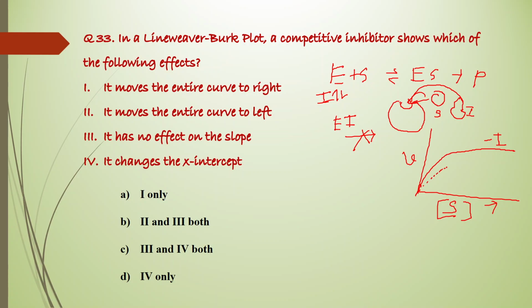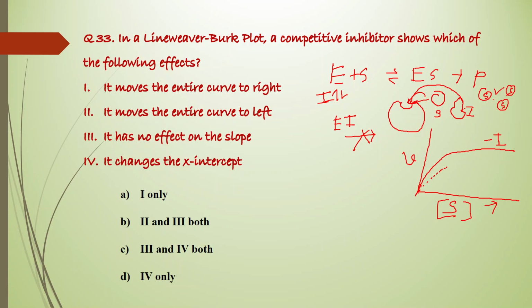Now as I just said, both are competing to sit in the same place on the enzyme. It's like musical chairs. Suppose one member is from the S team, another member is from the I team. They are fighting with each other for the same place. Now, if I suddenly increase the number of S molecules in the reaction, that is, I increase the overall substrate concentration, what will happen?